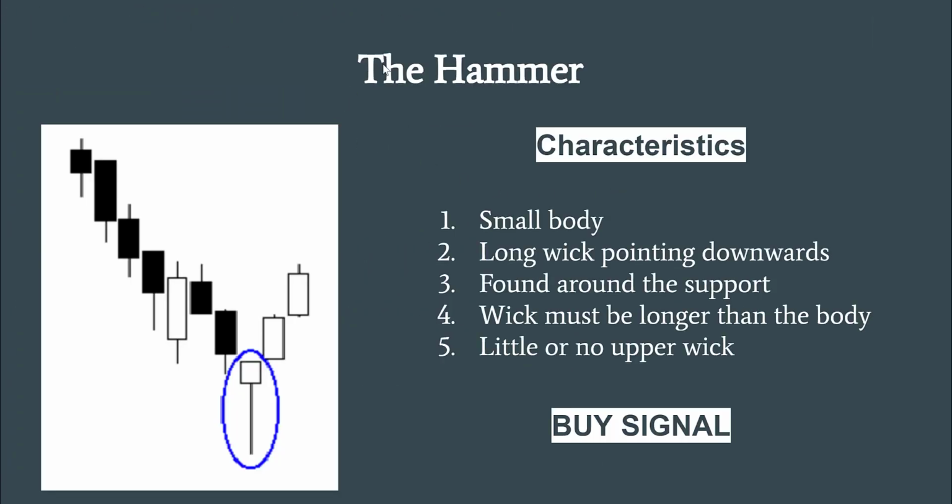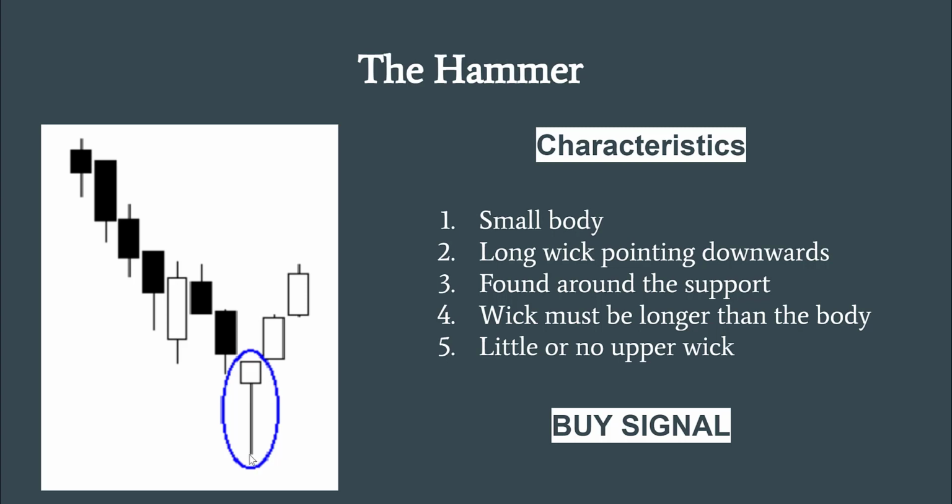So let's also look at the hammer, and let's see what exactly the hammer is telling us in terms of price action. Now, when we look closely at this, we discover that there's a long wick here pointing down, and that indicates that at a particular time in this trading session, this was a bearish candle. The market was here at a time, so sellers were in control.